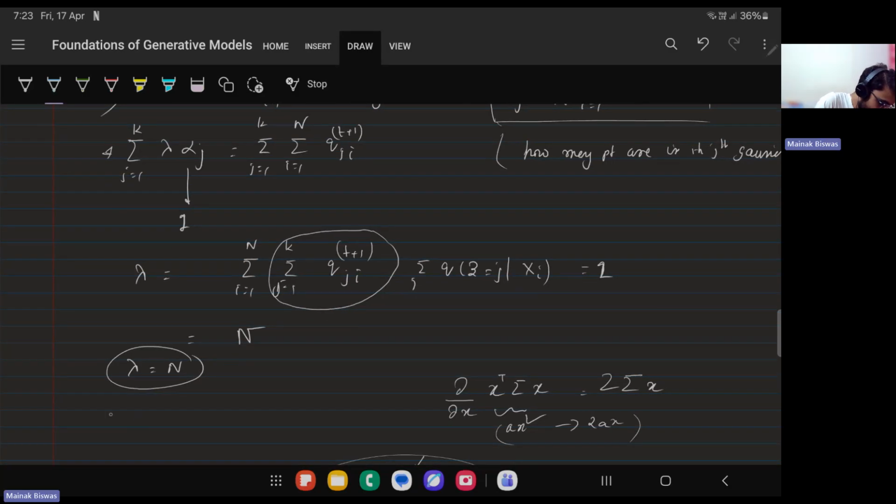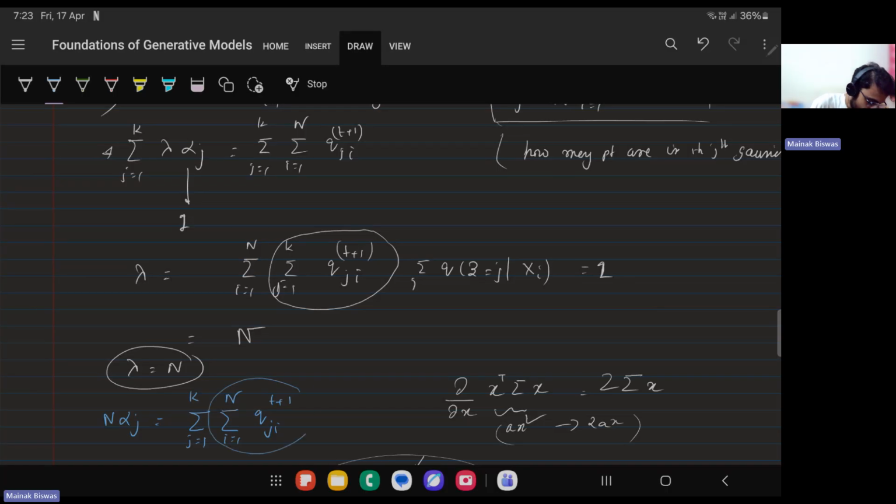So we have seen n times alpha j to be equal to summation of j equal to 1 to k, I equal to 1 to n, q j I t plus 1. Which term is what we need? We need the summation over all the data points, right?